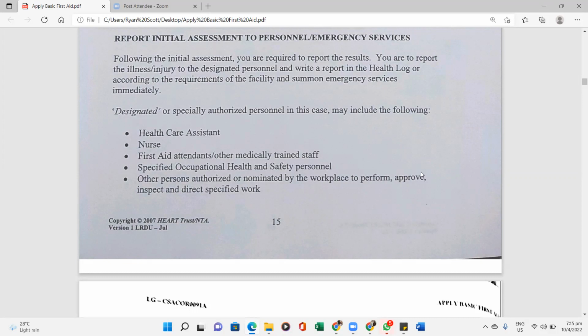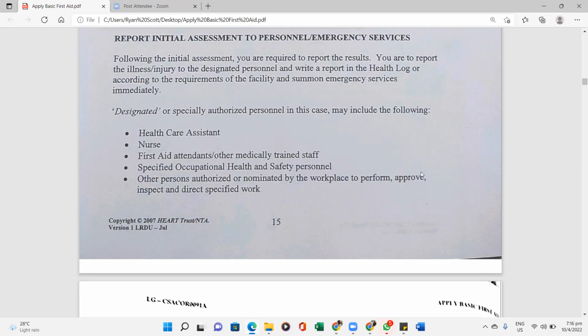So following the initial assessment, you are required to report the results. You are to report the illness or injury to the designated personnel and write a report to the health log or according to the requirements of the facility and summon emergency services immediately.